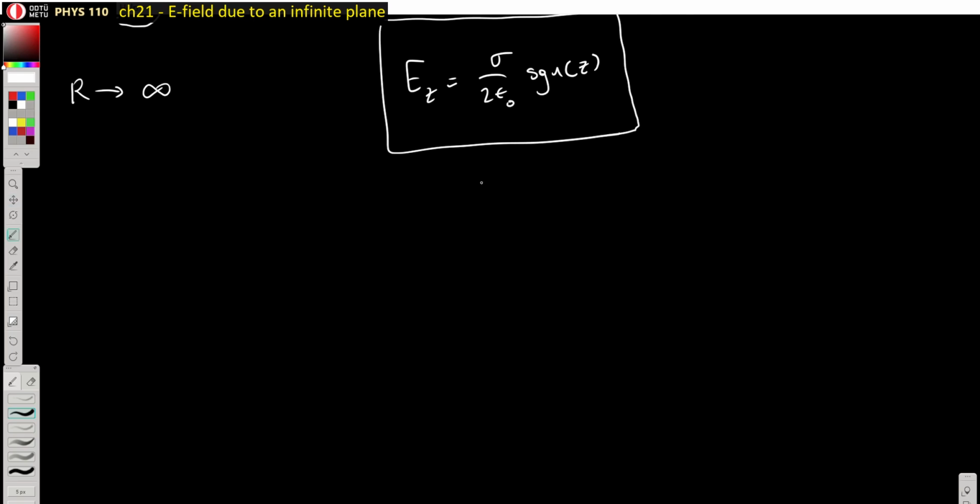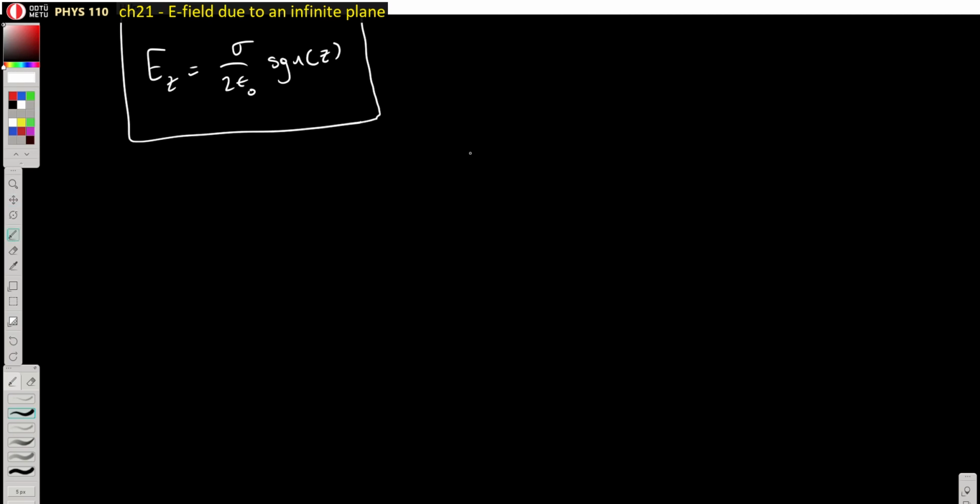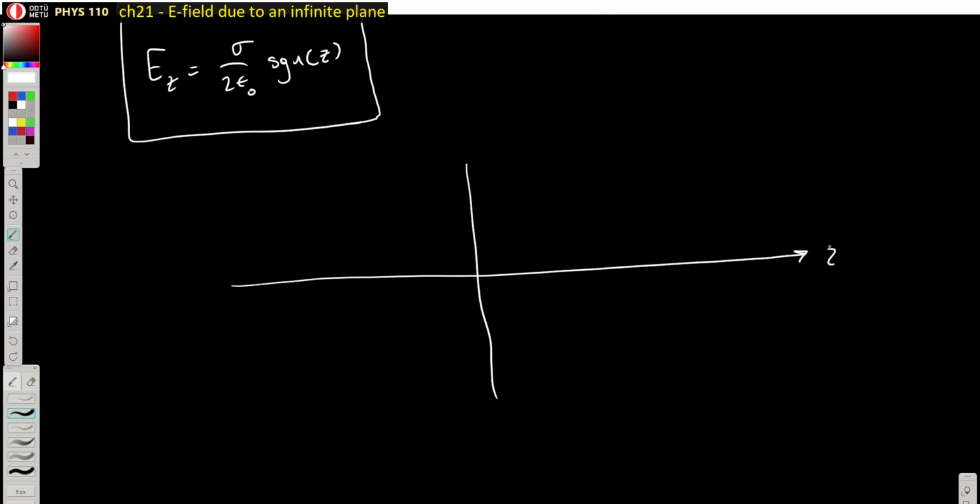First of all, let me plot this as a function of z, just as I have done before for the case of disks and annular disks. I'm going to use a blue color. You can see that apart from the signum, the expression doesn't depend on z, so therefore it's just constant, and it has the value of sigma divided by 2 epsilon 0.